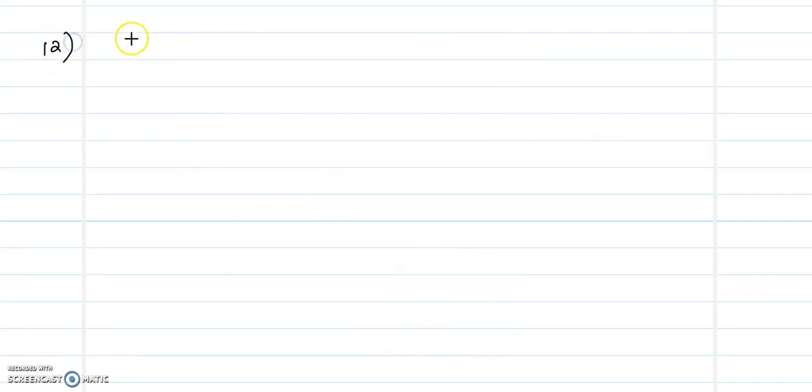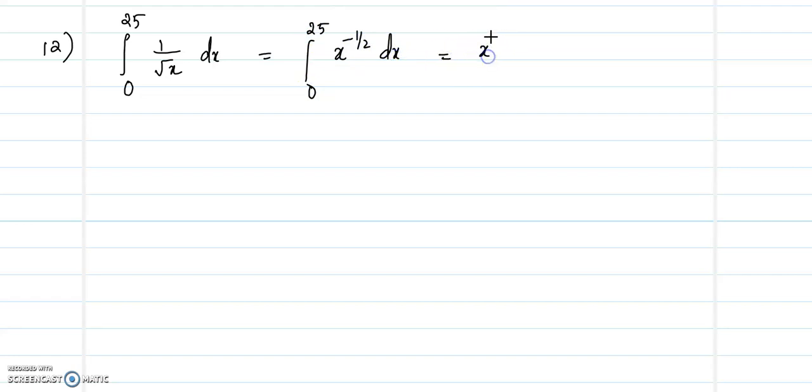And question number 12, we need to evaluate the integral from 0 to 25 of 1 by root x dx. So that will be the integral from 0 to 25 of x raised to minus 1 by 2 dx. So we will get x raised to minus 1 by 2 plus 1 by minus 1 by 2 plus 1 from 0 to 25.